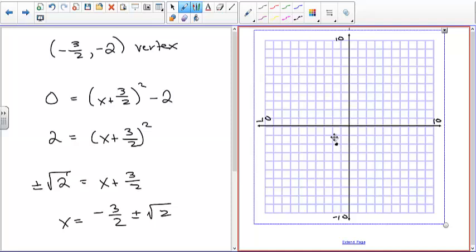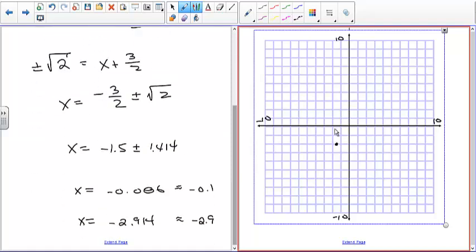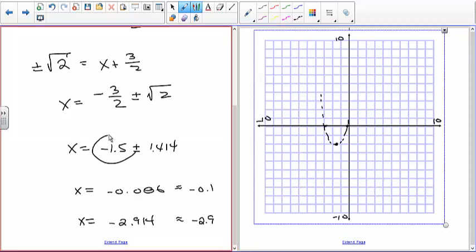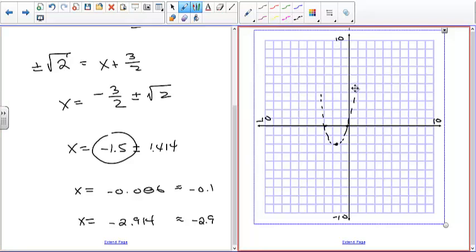The x-intercepts are approximately negative 2.9, and approximately negative 0.1. Your x-intercepts are always symmetric around the vertex, because you take the x-coordinate of the vertex, and then you add and subtract the same amount. So you have those 3 points.